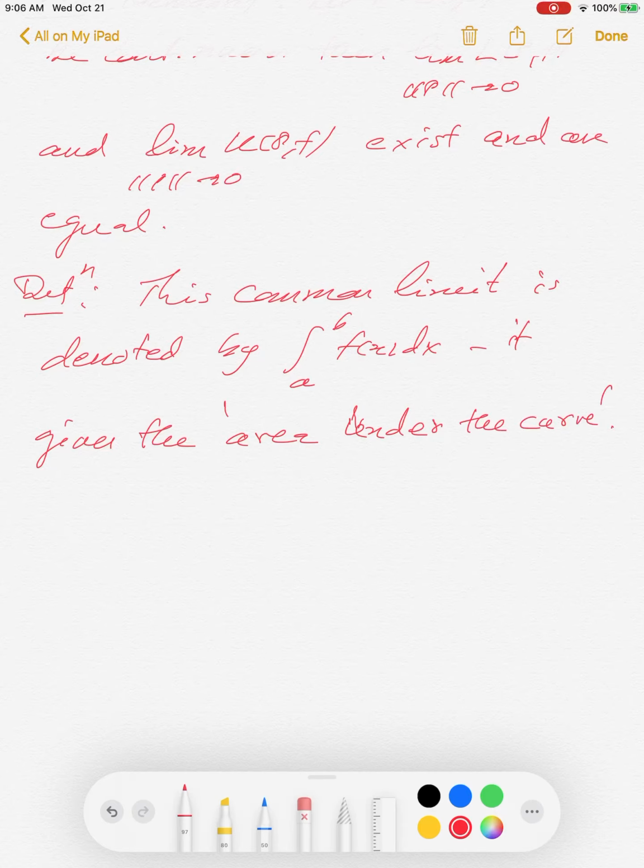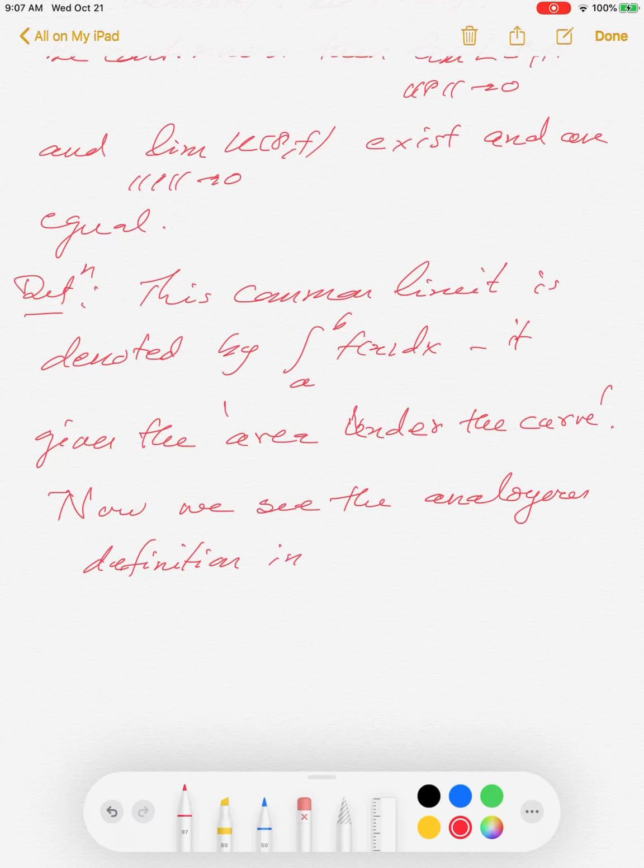So now I want to mimic this definition in 2 dimensions. So now we see the analogous definition in 2 dimensions.